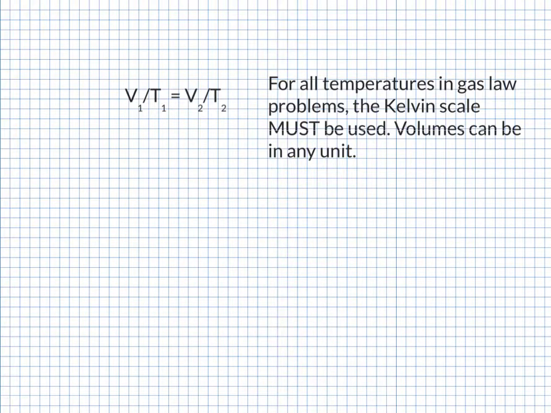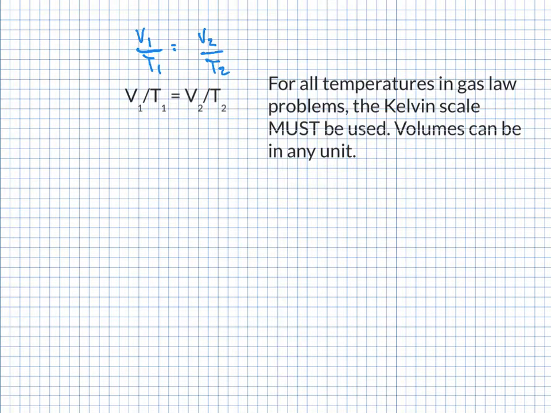So what do we mean here when we look at Charles' law calculations? This is our formula, and please note that is a fraction bar. So you're going to write it typically as V1 over T1 equals V2 over T2.